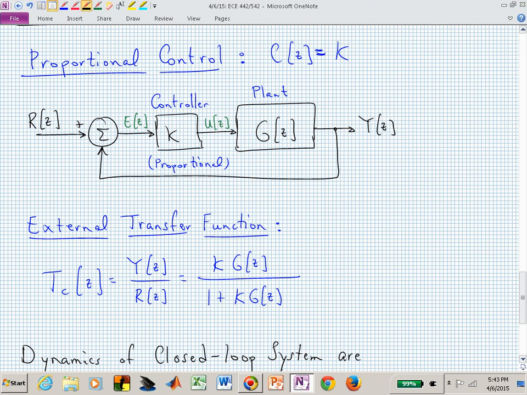You can compute the closed-loop transfer function between the reference signal R and the output Y. That's Kg over 1 plus Kg, because we have unity output feedback. Whoops, negative output feedback, just making sure I'm awake. Did everyone catch that?